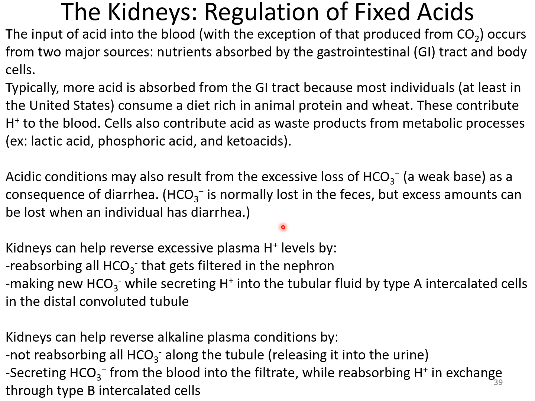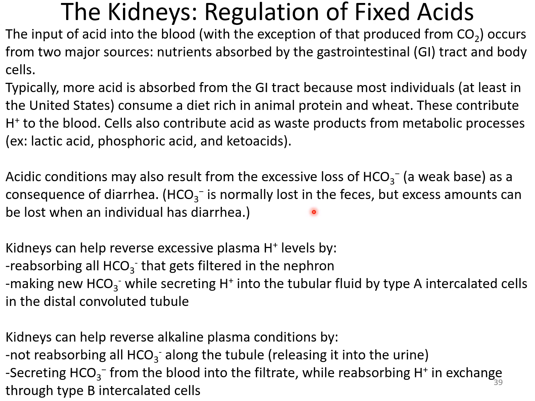So this top portion is basically telling you different scenarios that can lead to acidic conditions. We can either get a lot of acid through our diet, a lot of acid through our metabolic waste products, or we had an excessive loss of bicarbonate, potentially through something like diarrhea.